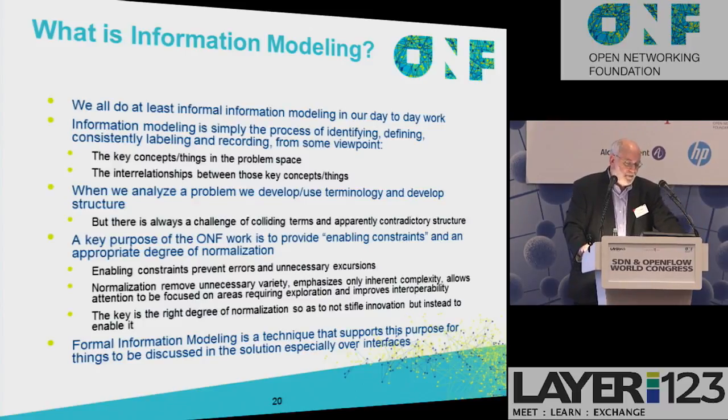And so the normalization removes unnecessary variety, emphasizes the inherent complexity of the subject area, which is networking and telecommunications, and allows attention to be focused on the areas requiring exploration. And of course, this improves interoperability as well. So the key is the right degree of normalization in the work. And formal information modeling is a technique, which they use, that supports this purpose for things to be discussed in the solution space.